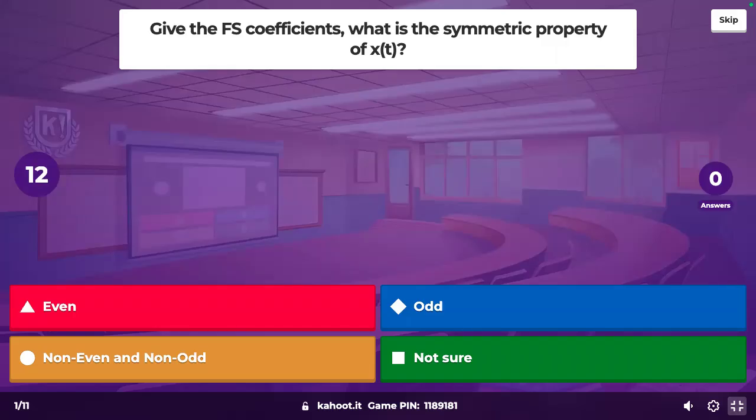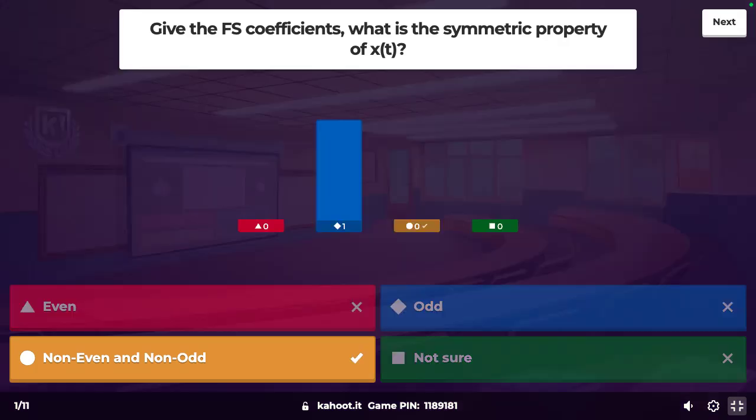Yeah. What is the symmetric property of x(t)? Because you can see, if you want it to be even or odd, you just should apply that property.